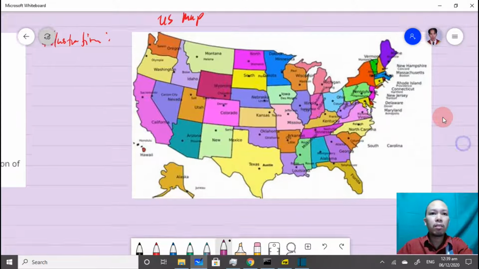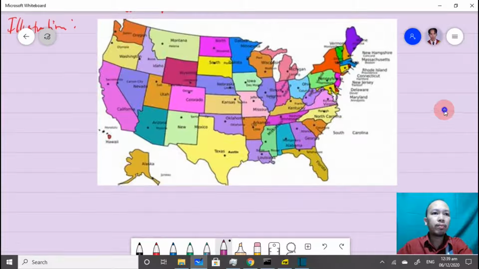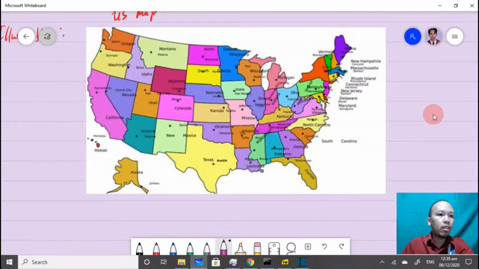Let's say there are 50 states. Let's try this color red here. 50 states. And how many representatives are there in the election?